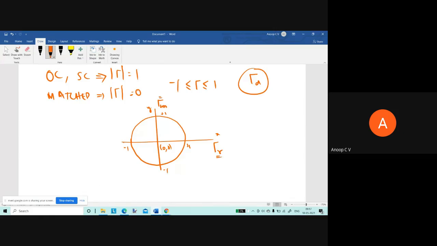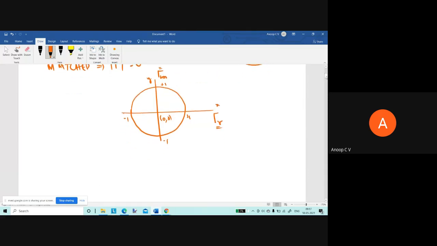So how can I write the equation of the circle? Can anyone tell me how to write the equation of a circle? I'll just tell you the general equation of a circle, that's why I included one question in our prerequisite quiz. It is x minus x1 the whole square plus y minus y1 the whole square is equal to r square.